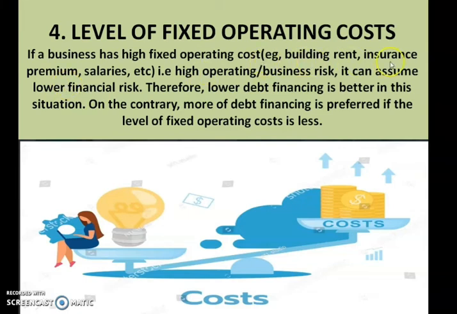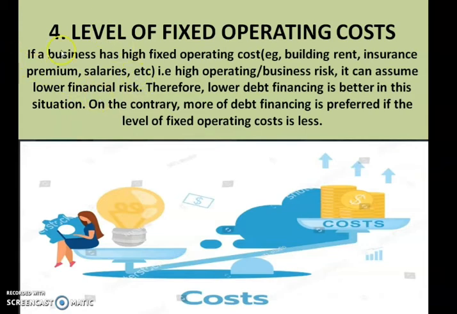So all these costs are known as fixed operating cost, because every month or yearly you have to pay such costs. So if the level of this fixed operating cost is more, then better you don't go for borrowings.